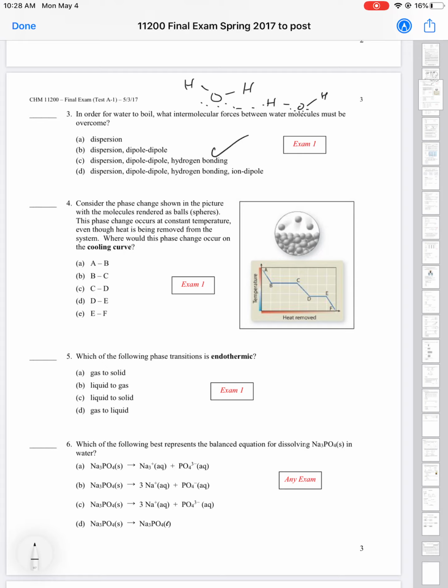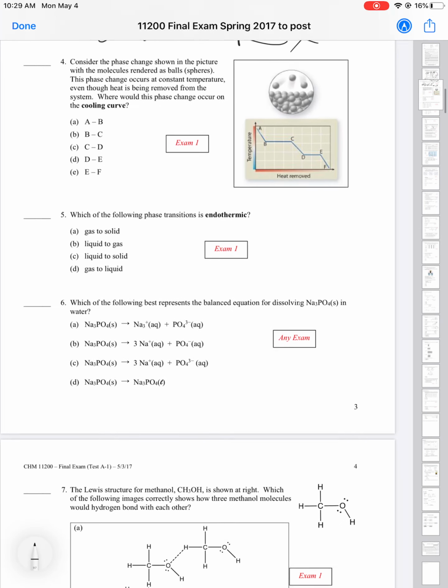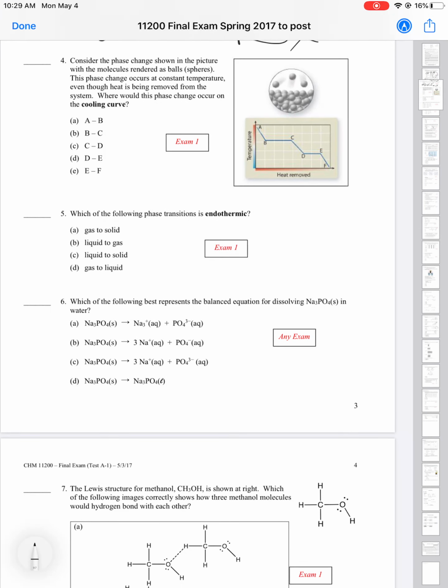So you have hydrogen bonding and dipole-dipole. Everything has dispersion forces, right? And then you have this ion dipole here. Do we have any ions in water? We don't, right? An ion is when basically they're no longer sharing electrons. There are 2 charged ions that are attracted to each other. And since we don't have any ions in water, we'll go with C.